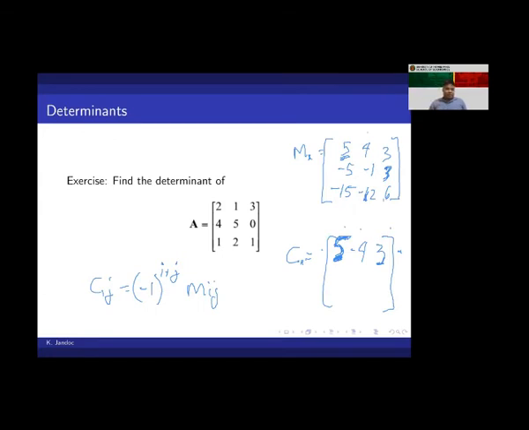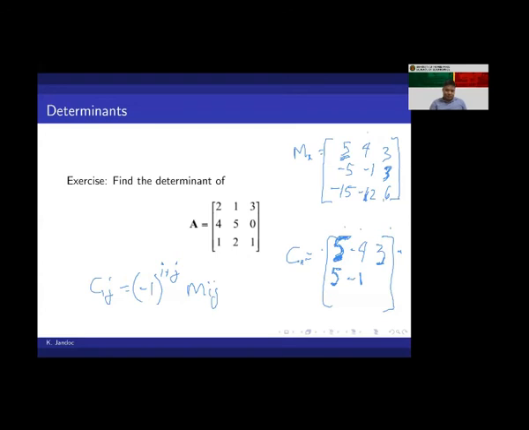If it sums to an odd number, the signs change. Okay? So in this entry, it's negative 5, but the address is row number 2 and column number 1, so the sign flips. So this is actually 5. Okay? This one is negative 1, and the location is row 2 and column 2. So the sign remains, so we still have a negative 1 here.